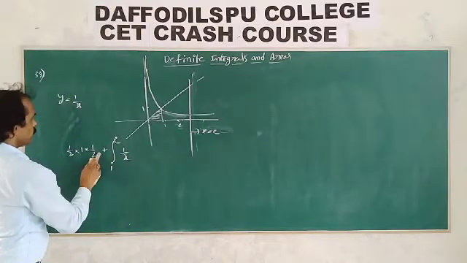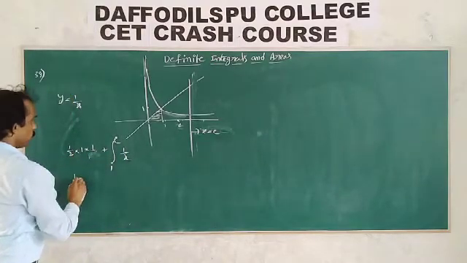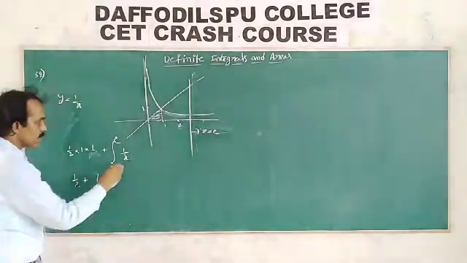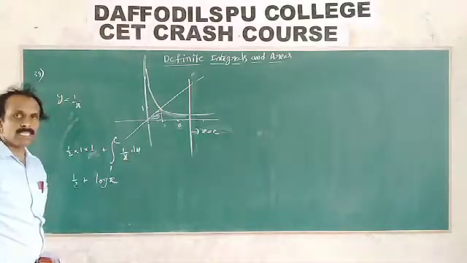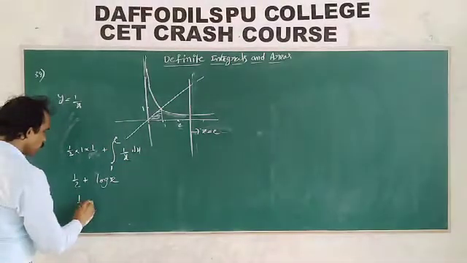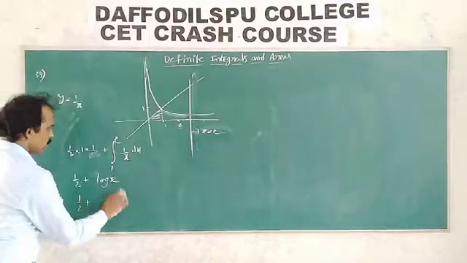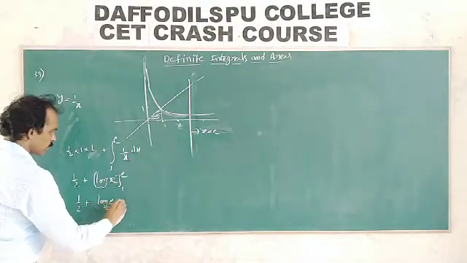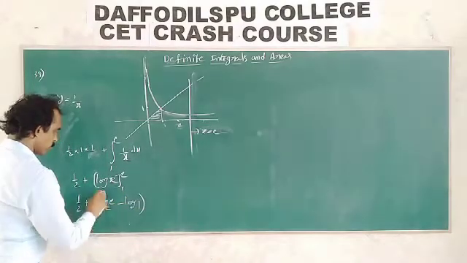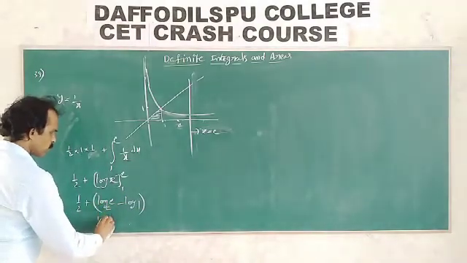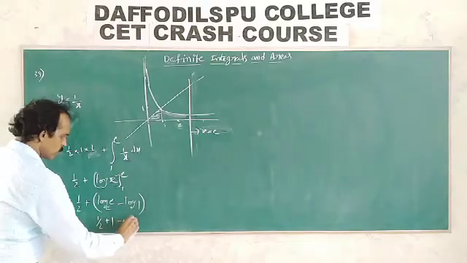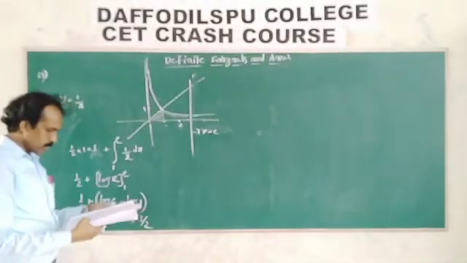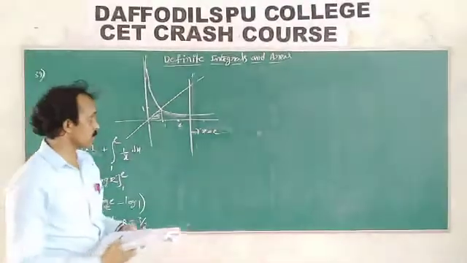Therefore this value is 1 by 2 plus the integration of 1 by x, log x from 1 to e. Log e to the base e is 1, log 1 is 0. So finally 1 by 2 plus 1, that implies 3 by 2 is the answer. The third option is correct for problem 38.